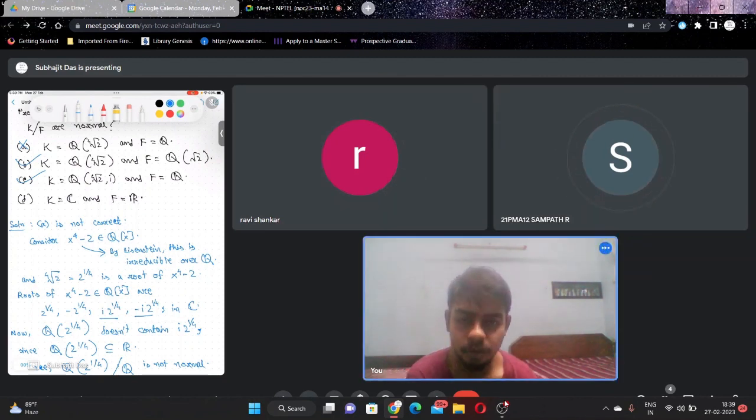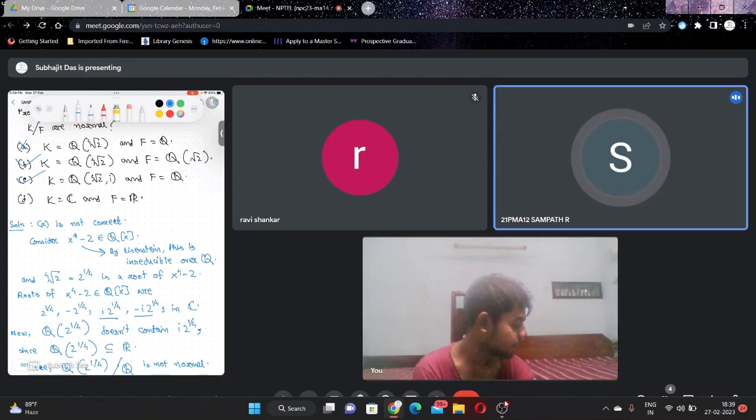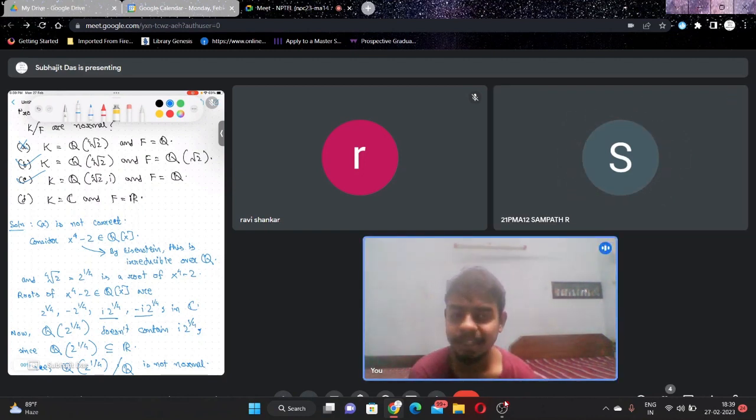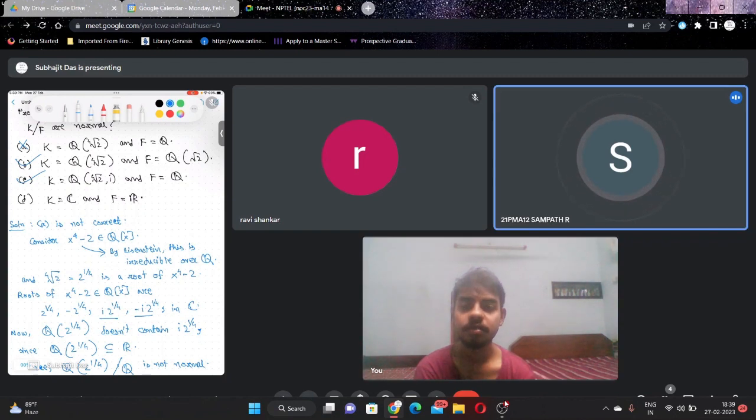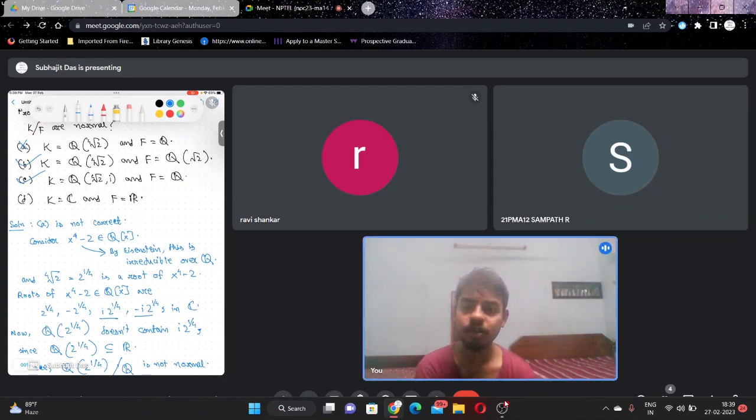Okay, so why is it true? It is correct. Why is C over R finite? So C can be written as R adjoined with iota, right? Now R adjoined with iota over R is a finite extension because I is algebraic over R, right?